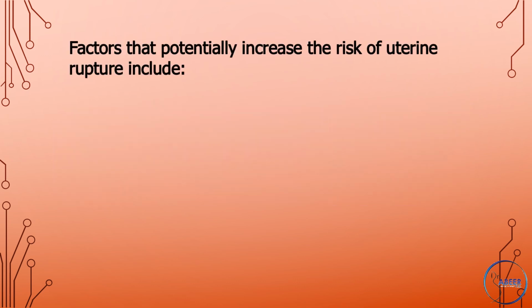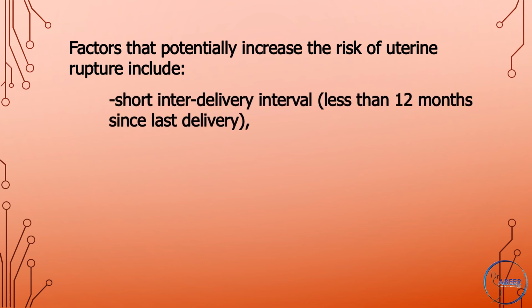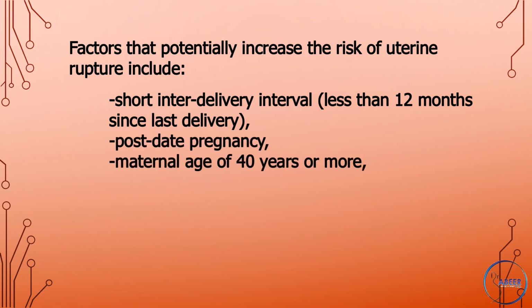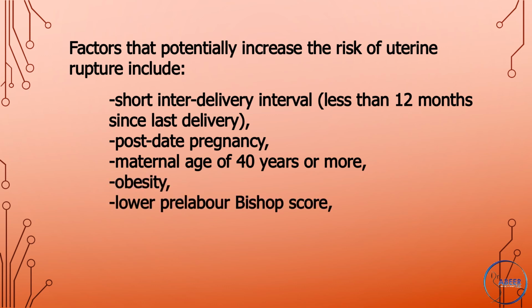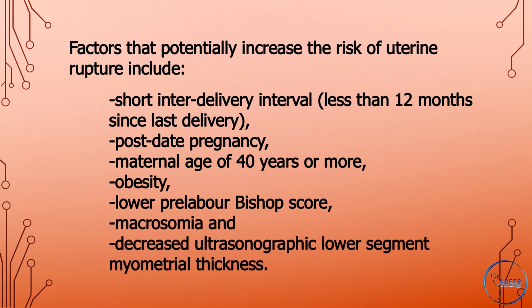Factors that potentially increase the risk of uterine rupture include short inter-delivery interval, or less than 12 months since last delivery, post-date pregnancy, maternal age of 40 years or more, obesity, lower pre-labor Bishop score, macrosomia, and decreased ultrasonographic lower segment myometrial thickness.